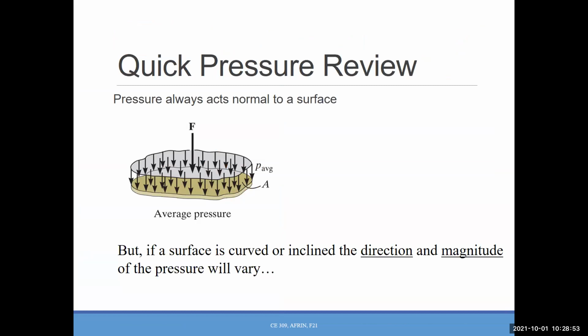So let's do a very quick overview of pressure. Do you remember what the pressure variation is in the horizontal direction? dP over dx is what? It's 0. There is no pressure variation.